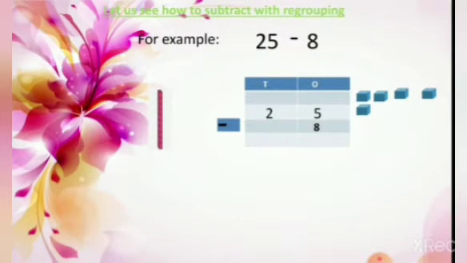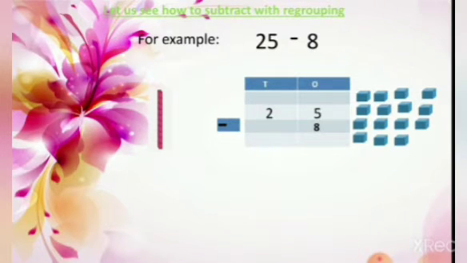We have taken 1 ten and we are going to change it for 10 ones. So let's count 10 ones now. 1, 2, 3, 4, 5, 6, 7, 8, 9 and 10.